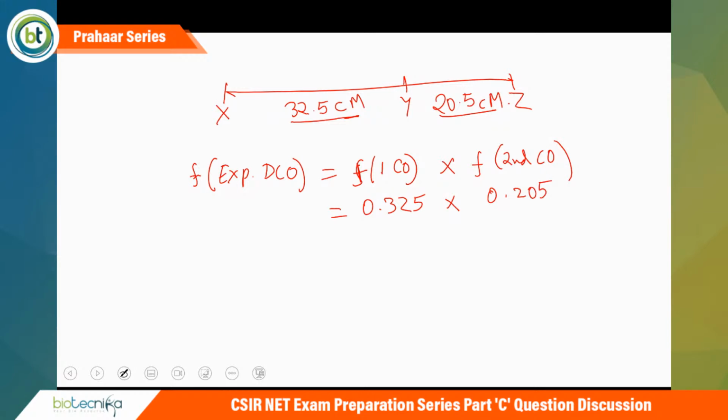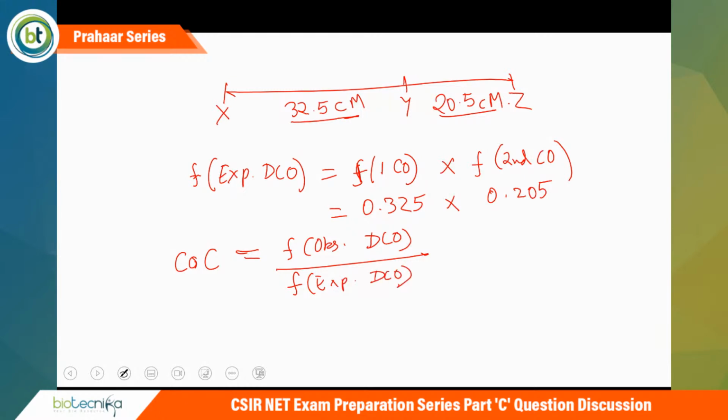Now, when we multiply them, that will give us the expected frequency of double crossover. Now you substitute that in the coefficient of coincidence formula, which was frequency of observed DCOs divided by frequency of expected DCOs.